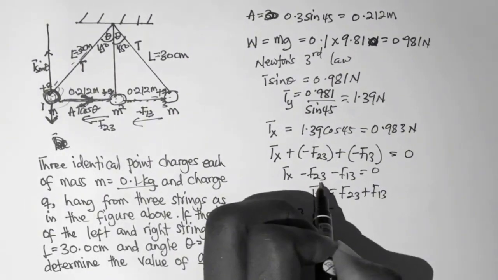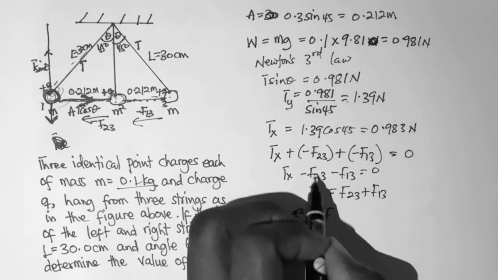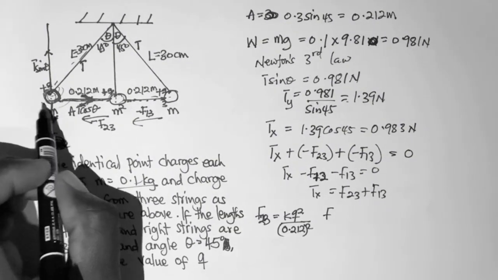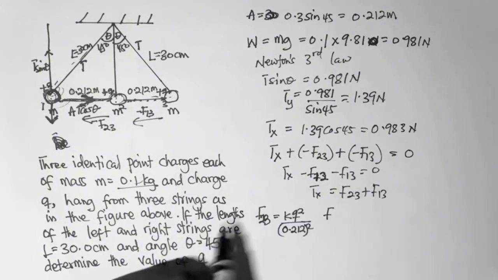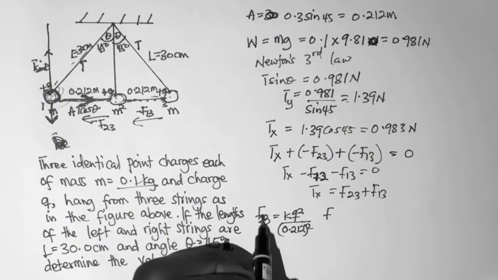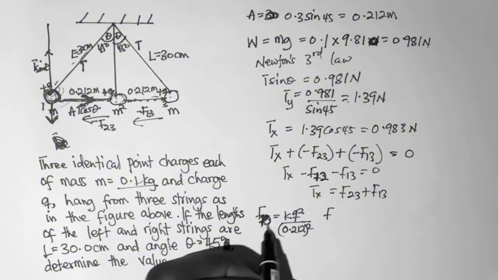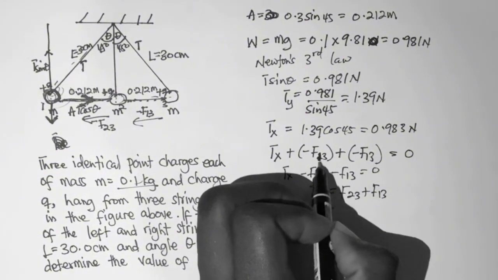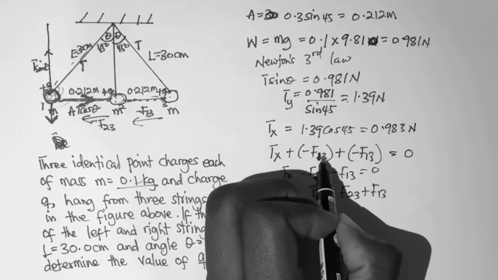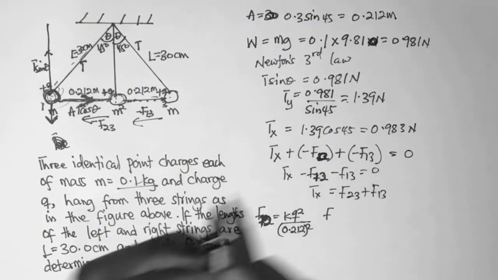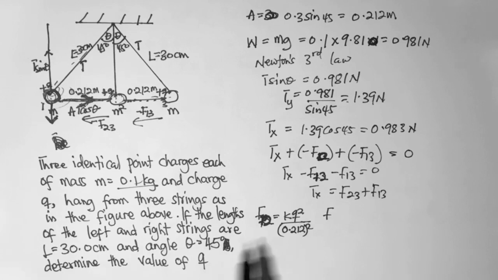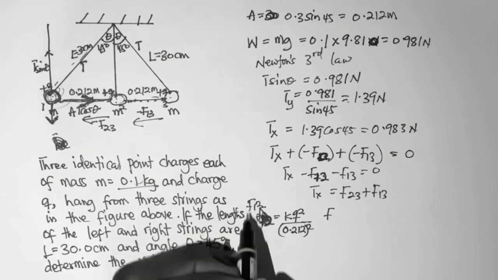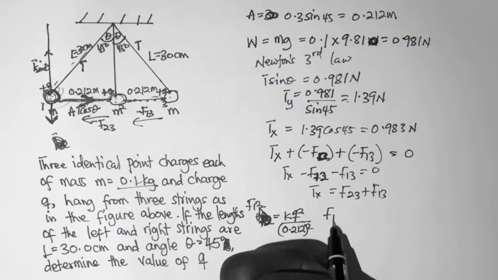Here is supposed to be F12, because we are talking about this charge. So F12 and F13. Let's change all of this: the 3 becomes F12, then F13. So let me rewrite this. F12.